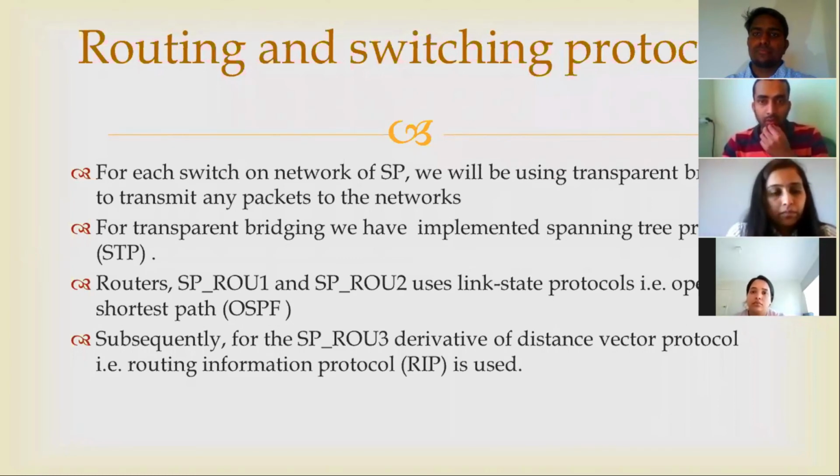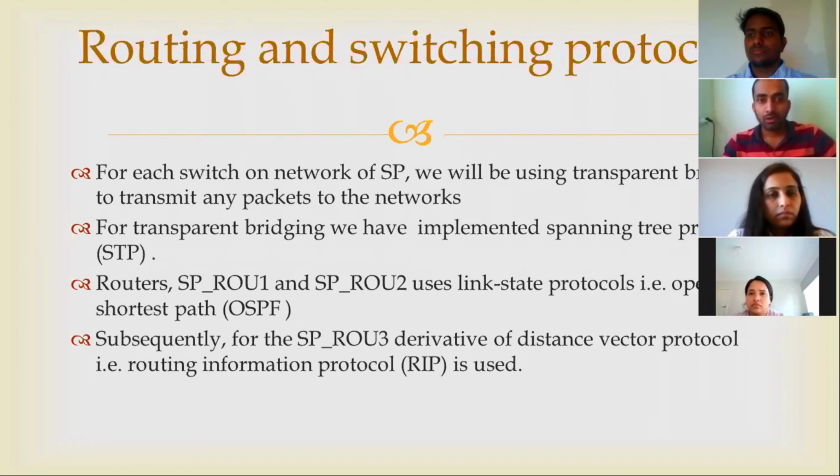Routing and switching protocol. The switches on the network design are SW1, SW2, SW3. For the switching protocol on the network, we will be using transparent bridging to transmit packets to the networks. Moreover, for transparent bridging, we have implemented spanning tree protocol.